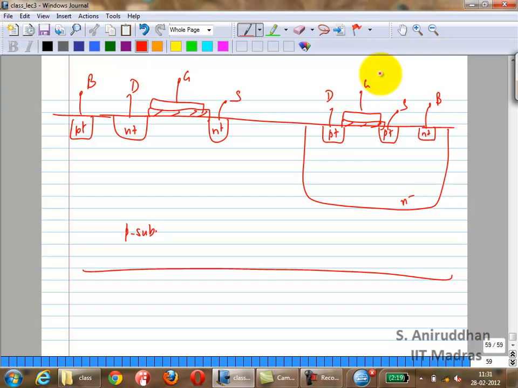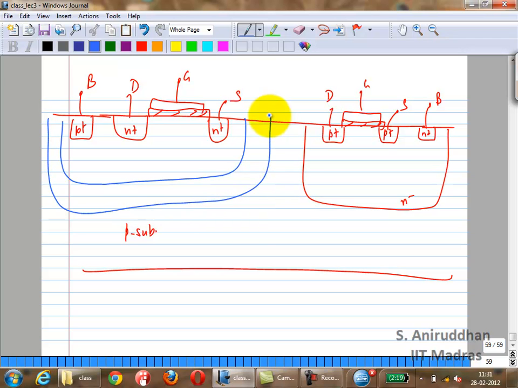And there are more expensive processes where you can do the same thing for an NMOS. There are processes called triple well processes, where you actually have a P well for the NMOS. So the bulk of the NMOS can also be connected independently.